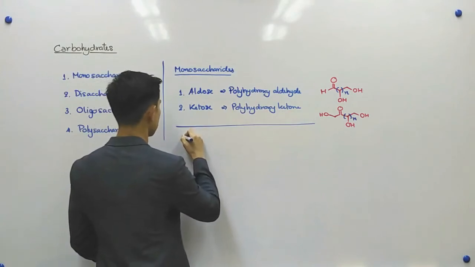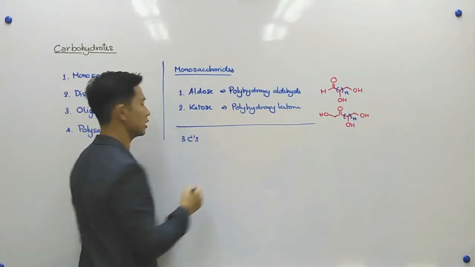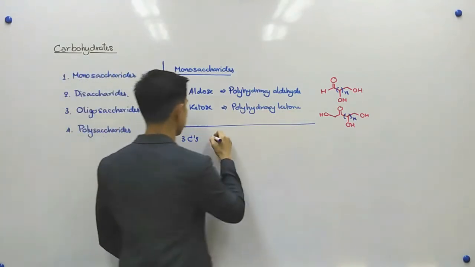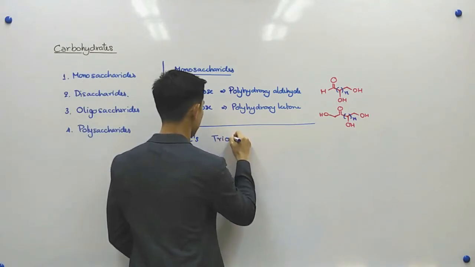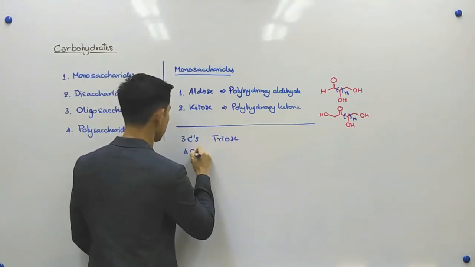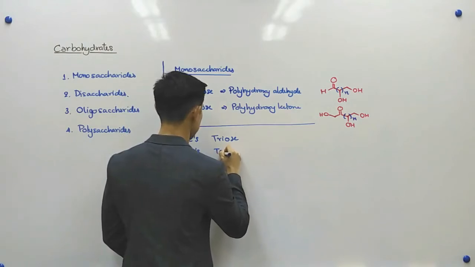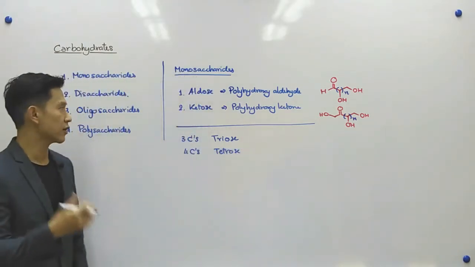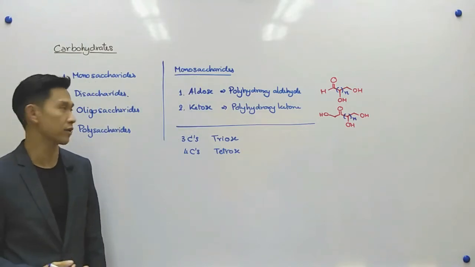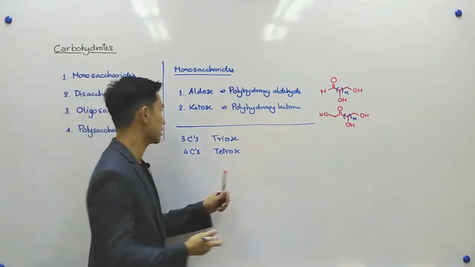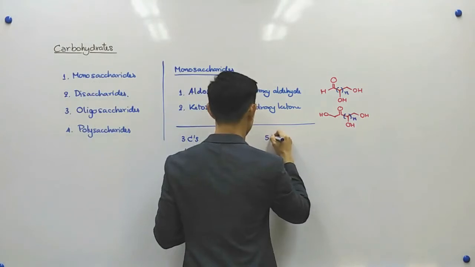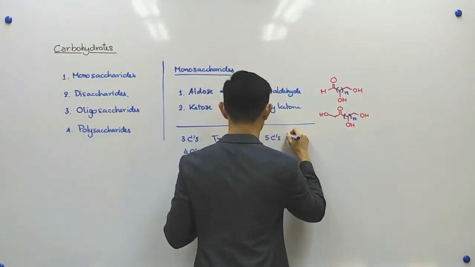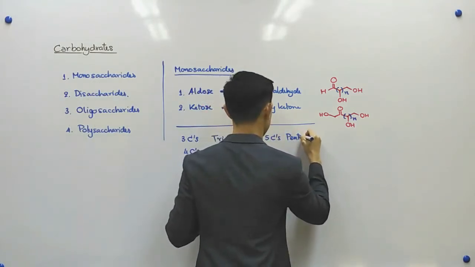So if we have 3 carbons in the molecule, we call this a triose sugar. If we have 4 carbons in the molecule, we call this a tetrose sugar. Tri is 3, tetra is 4, right? So we have triose, tetrose. If we have 5 carbons in the molecule, we call them pentose sugar.